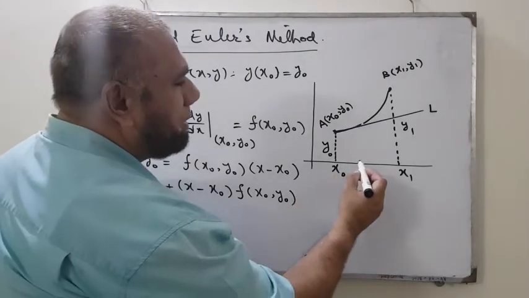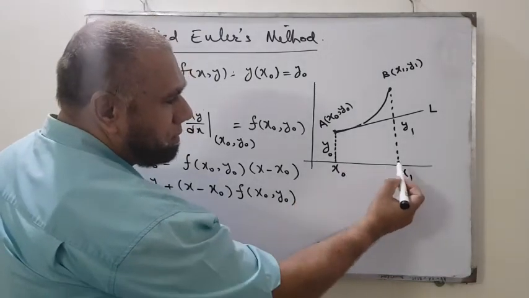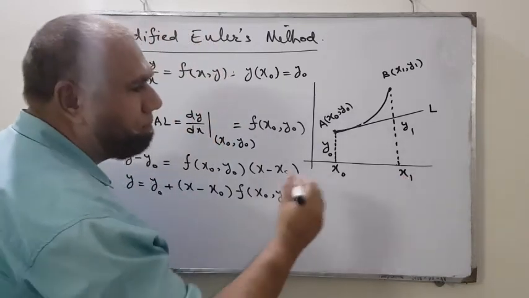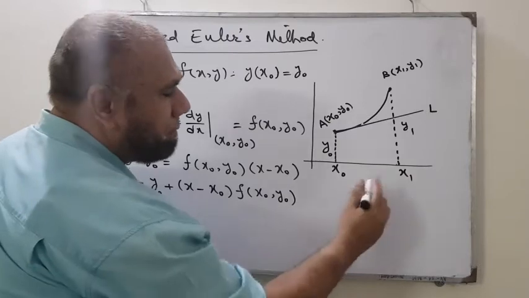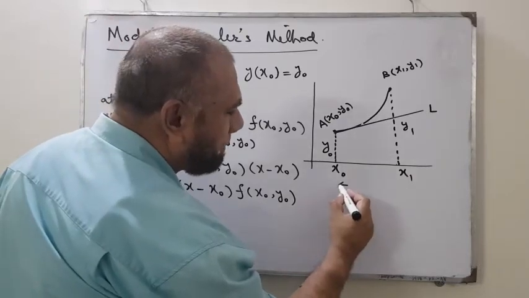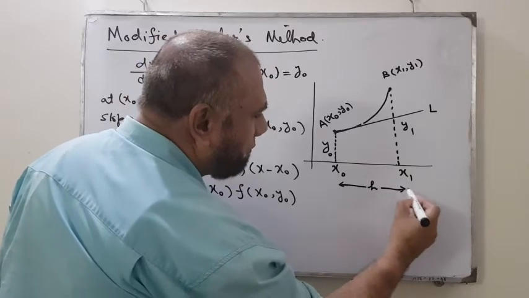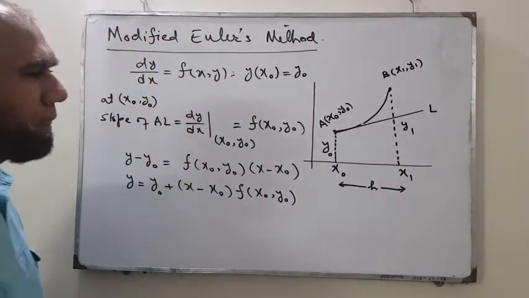Next, from x0 to x1 we are giving an increment of h units. This is the h unit increment in moving from x0 to x1.